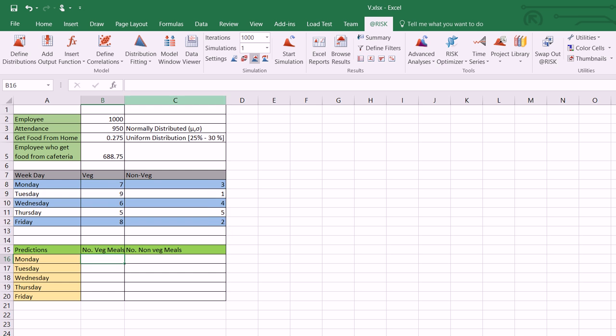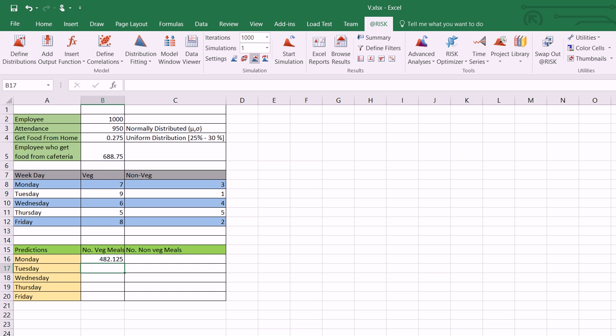And next we would like to simulate the model here. So let's start with that. The value for Monday would be 5. So employees who get food from the cafeteria, multiplied by the value, divided by 10.